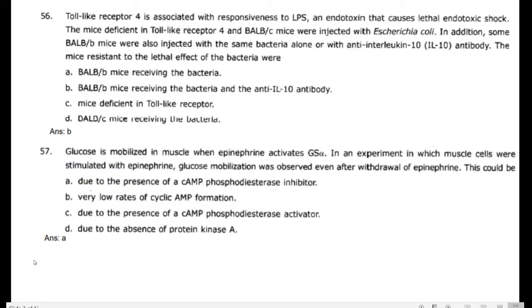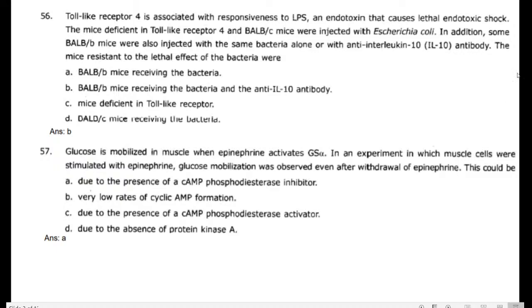This is the question they are asking. The reason could be the presence of cyclic AMP phosphodiesterase inhibitors. So they provided the statement and asked the reason.